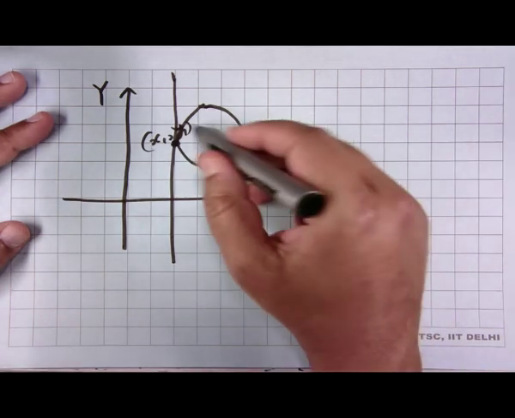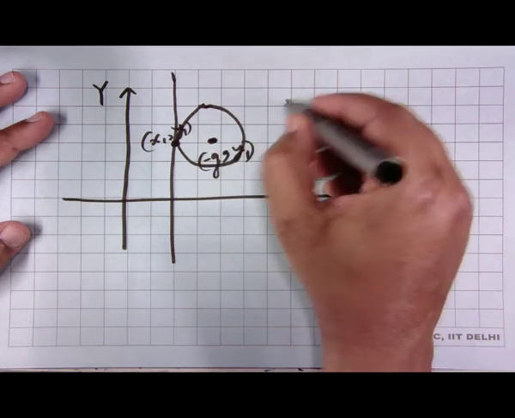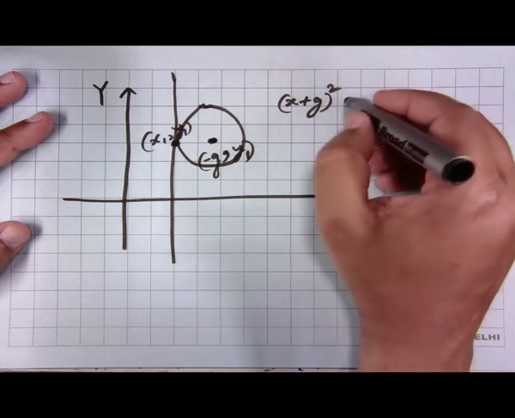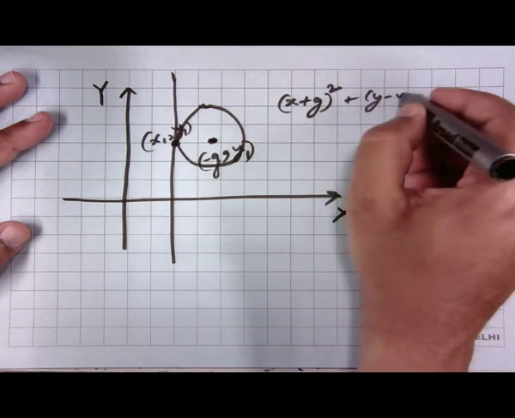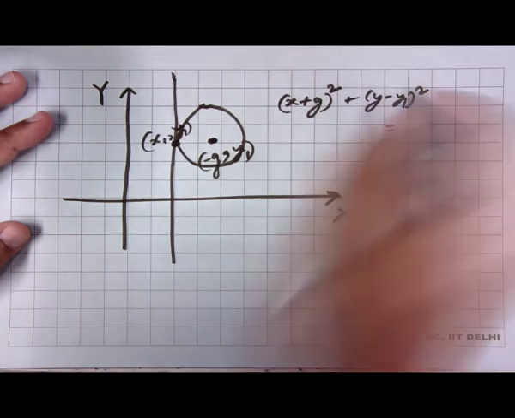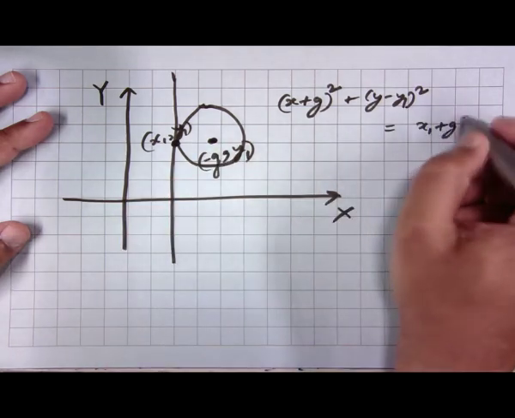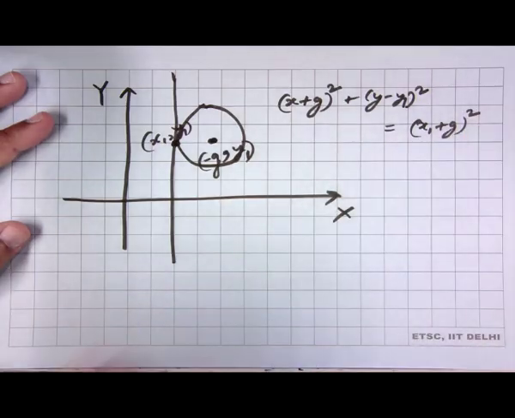In that case, the equation of all such circles is x plus g whole square plus y minus y1 whole square is equal to the square radius, and the square radius is simply x1 plus g whole square.